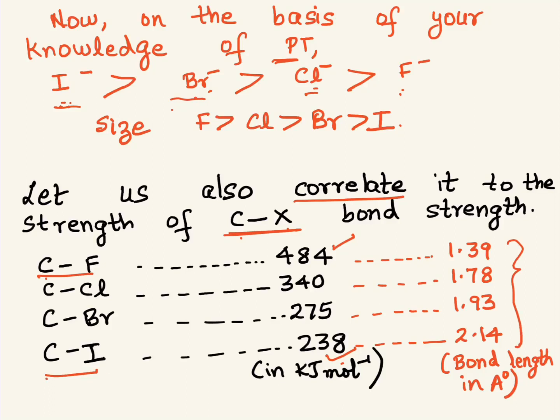Carbon and iodine bond length is 2.14, which is highest amongst the carbon halogen bonds, whereas for C-F the bond length is 1.39 angstrom units. There could be slight variation in the numeric values because of the various sources of these values, but more or less they are the same in different textbooks.